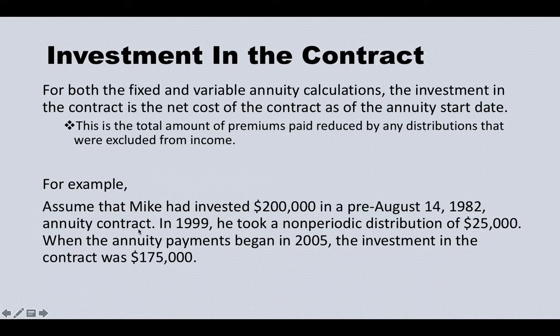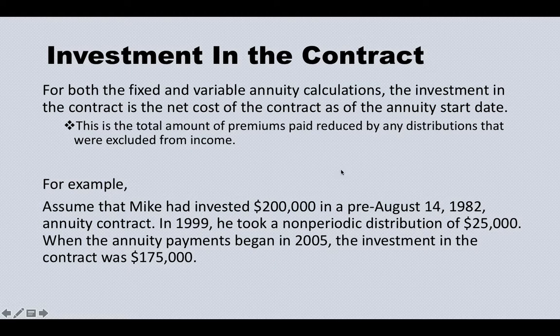So you can see, assume that Mike had an investment of $200,000 in a pre-August 1982 annuity contract. In 1999, he took a non-periodic distribution of $25,000. When the annuity payments began, the investment in the contract was $175,000.